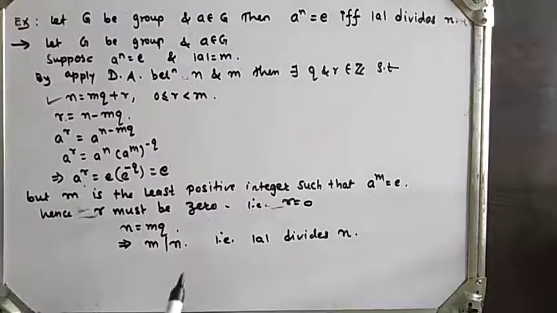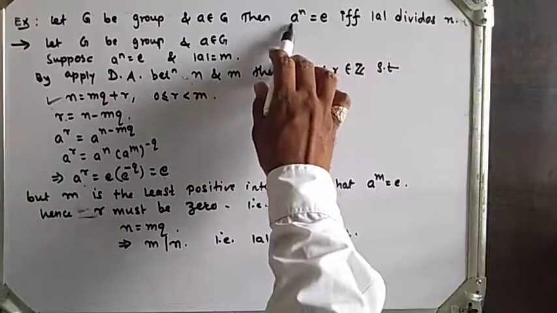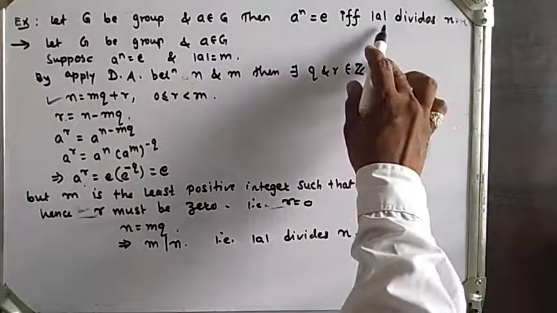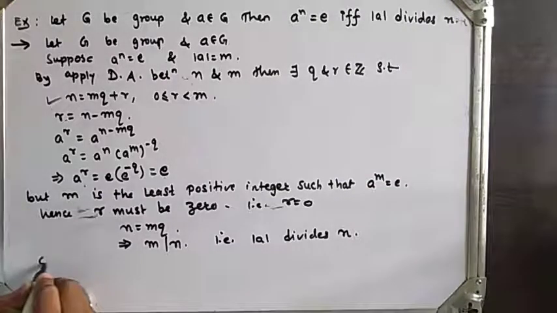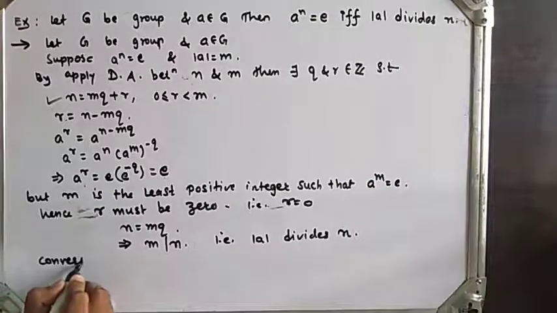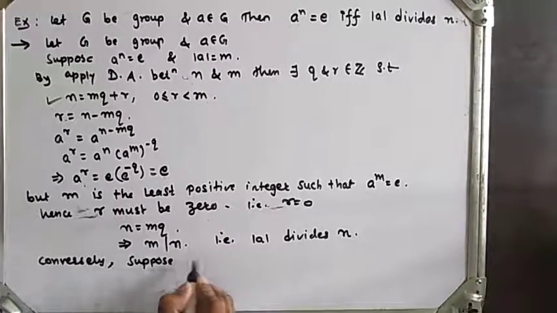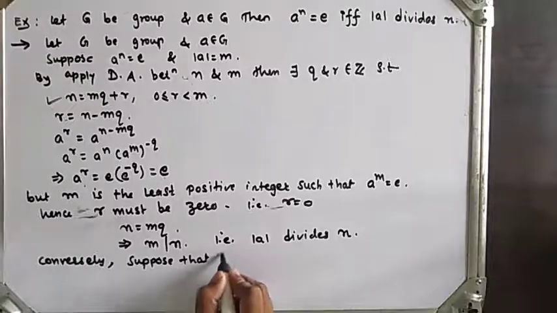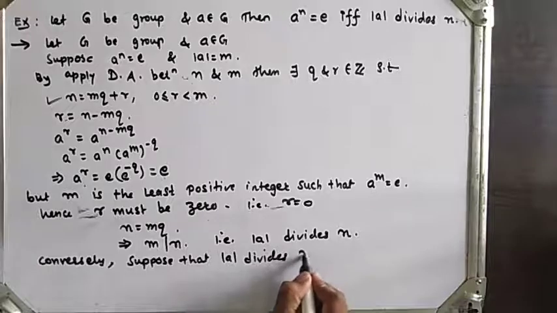Now we'll prove the converse part. Here we have proved the if part: if a raised to n is equal to identity, then the order of a divides n. Now in the converse part, conversely, suppose that the order of a divides n.